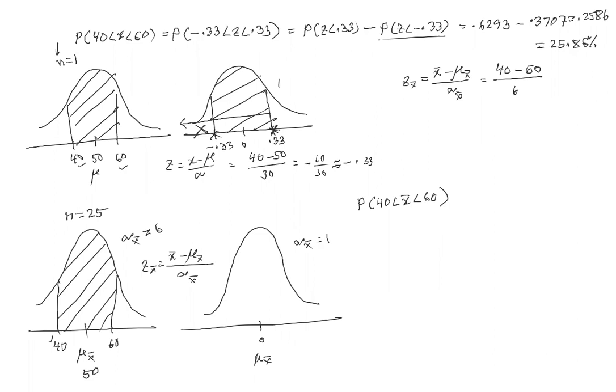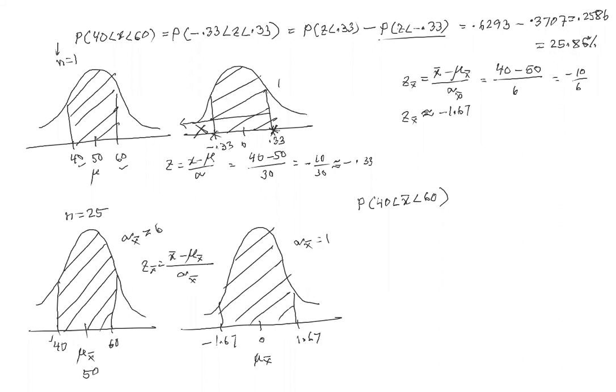So it's going to be negative 10 over 6, or z sub x bar is approximately negative 1.67. So this is negative 1.67. And by symmetry, for 60 it is going to be positive 1.67. So now you're going to have to find these two areas.